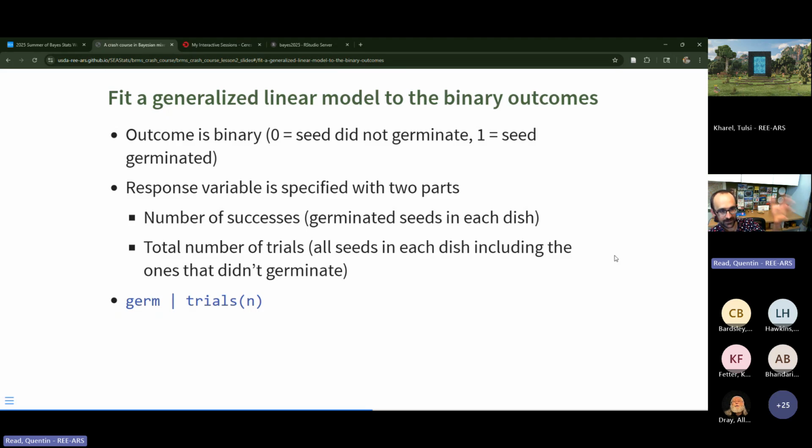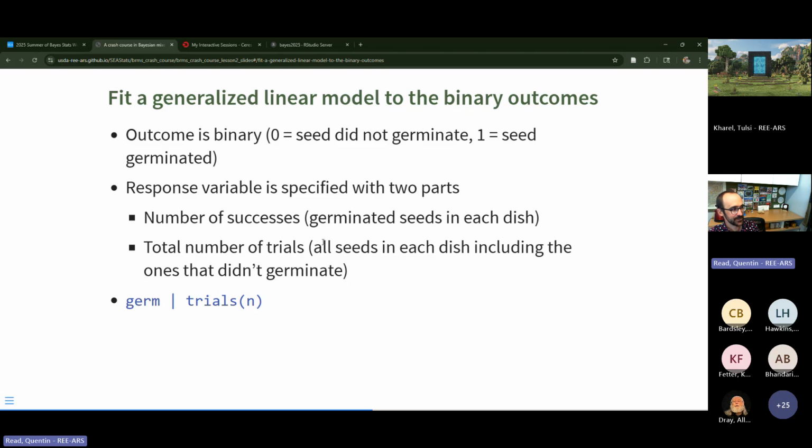Now, what I think is a better way to do it is if instead of using P as the response variable, we actually fit a model directly to the binary outcomes, the 0s and 1s. 0 coding for a seed that did not germinate, and 1 for a seed that did germinate. The response variable, the way you have to write that, has 2 parts. The number of successes, the number of 1s, or the number of seeds that germinated in each dish. And then we have to say pipe, trials, parentheses, the variable in the data that represents the total number of trials.